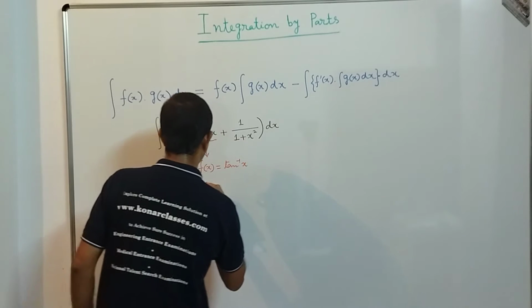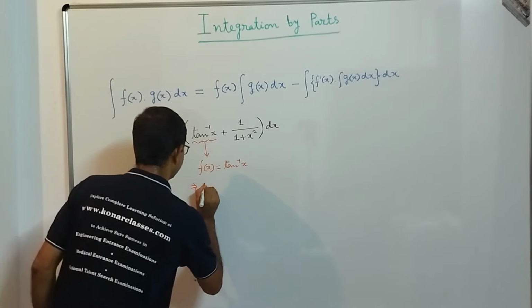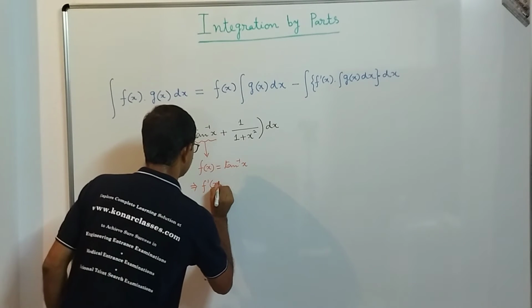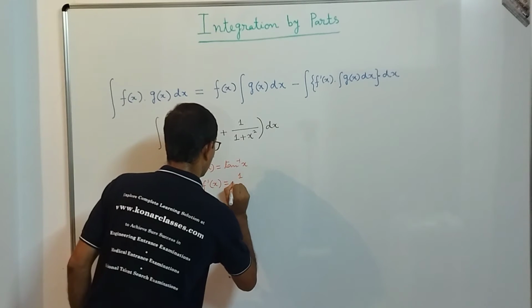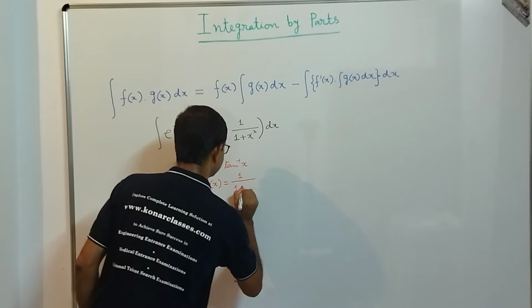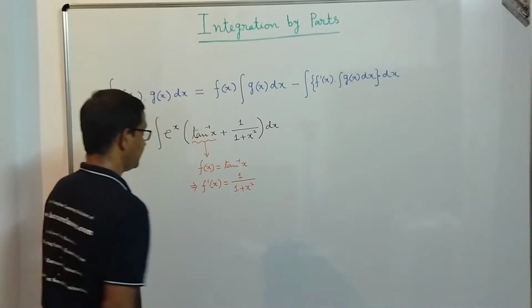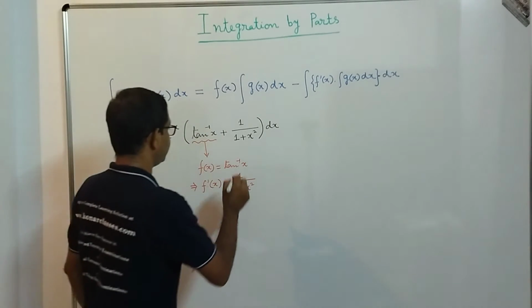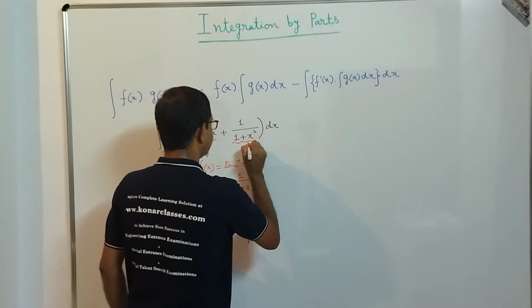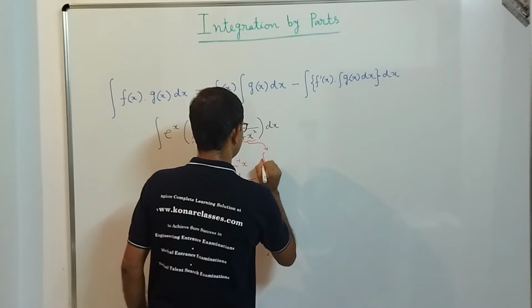So f dash x is equal to 1 by 1 plus x square. Now what is 1 by 1 plus x square? That turned out to be f dash x.